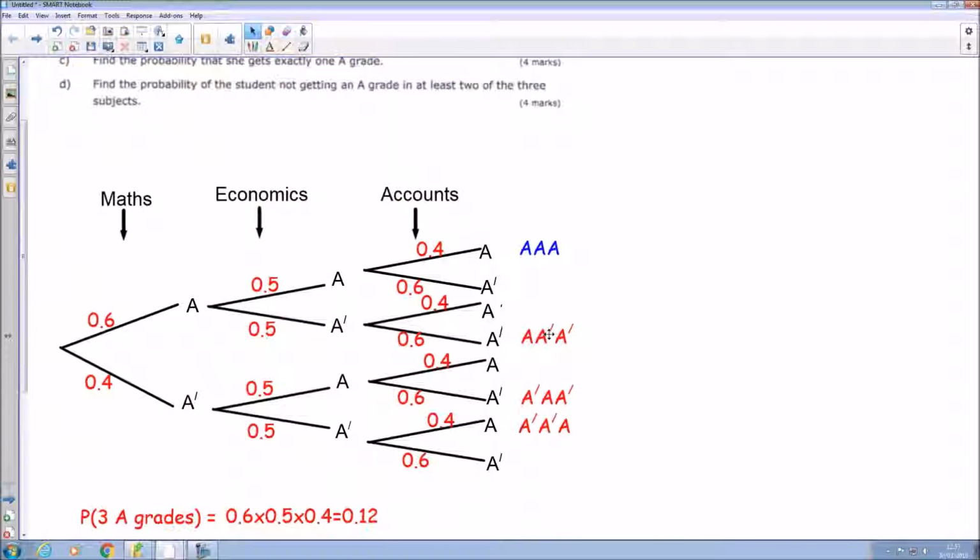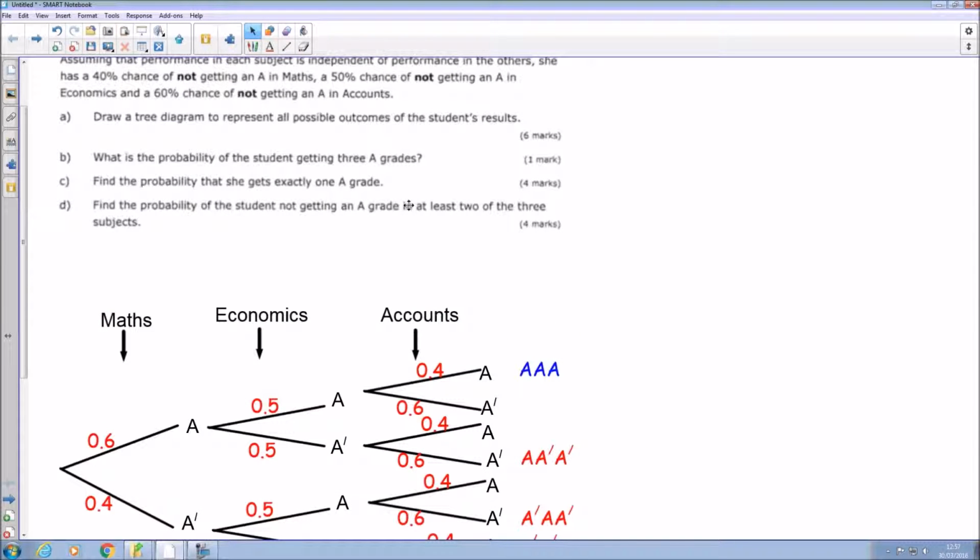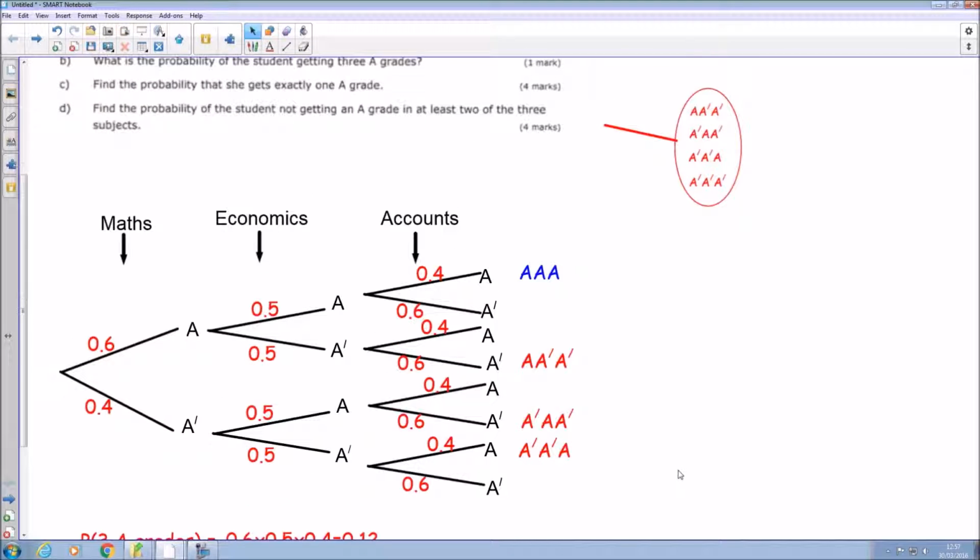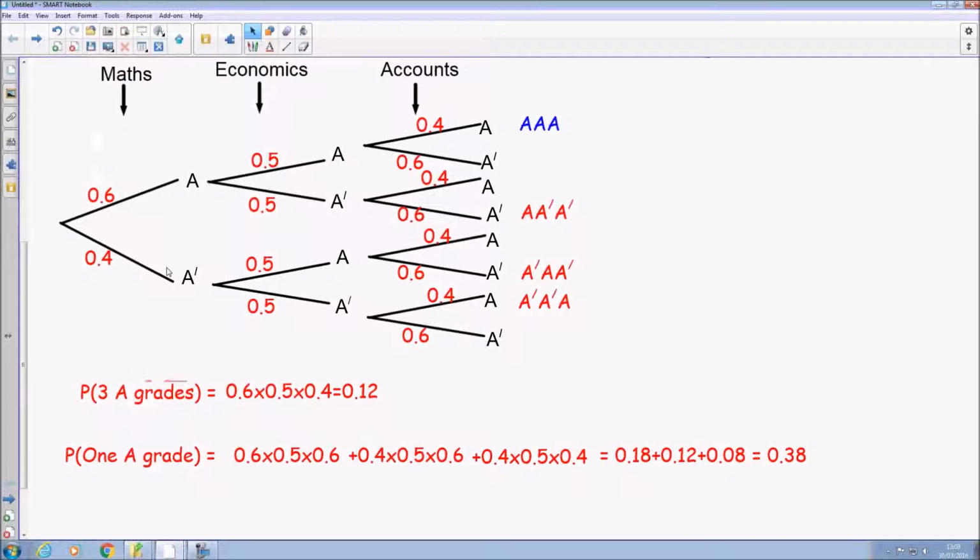Now we need to find the probability of the student not getting an A grade in at least 2 of the 3 subjects. We can look at the possibilities here, and these possibilities include not getting an A in any subject.